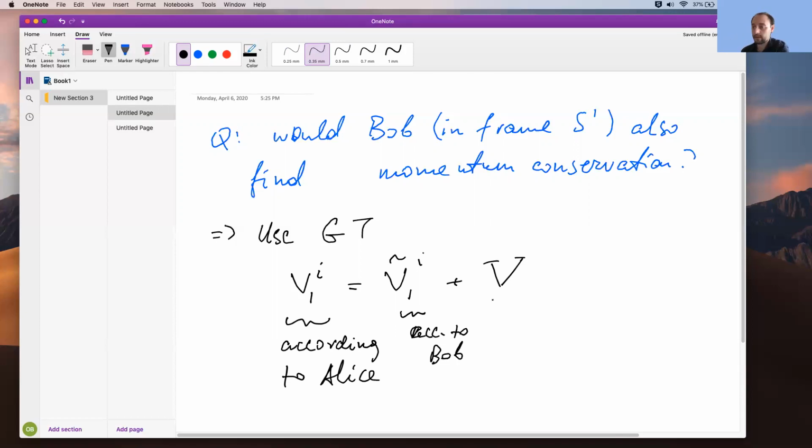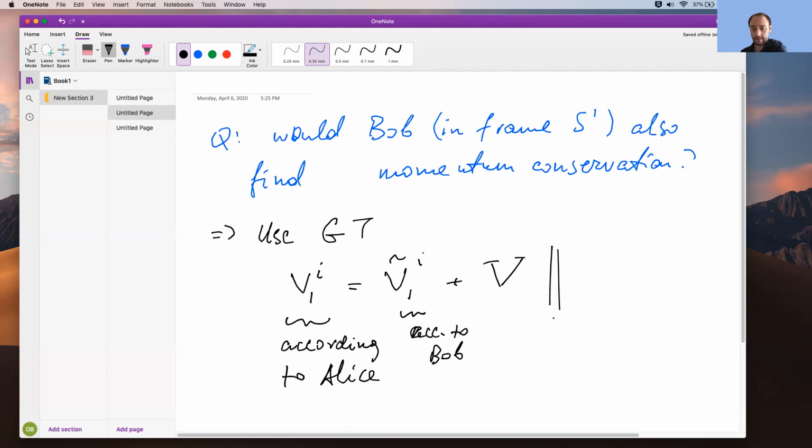Students are often confused. They would agree that if V is positive, then this works. But notice V doesn't have to be positive. If Bob is moving in the other direction, V will just be negative, and this formula still works.